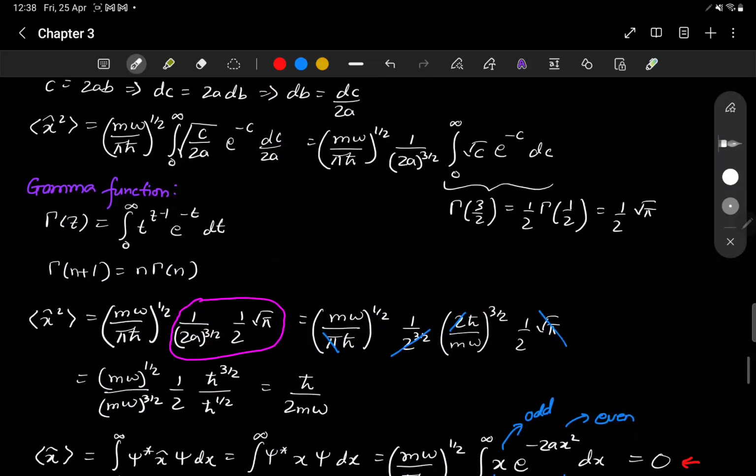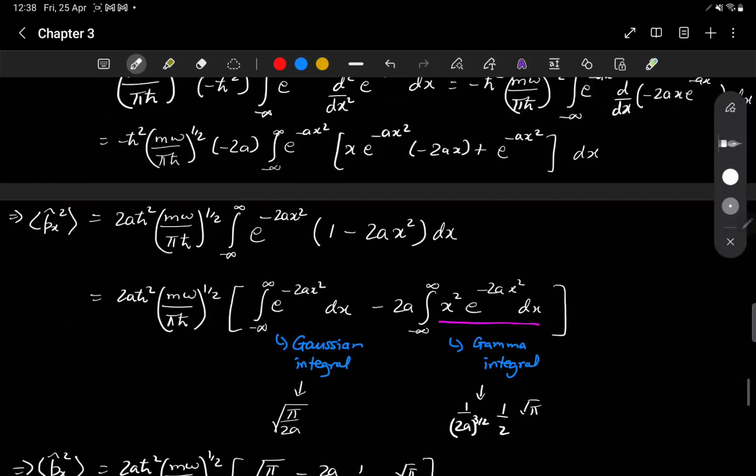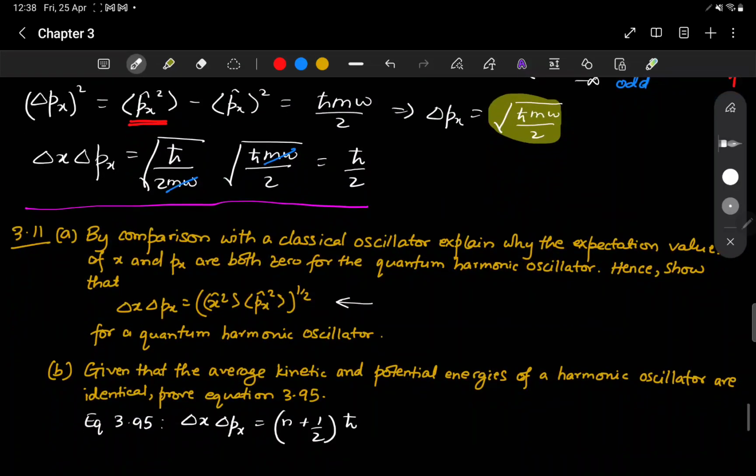Then we made use of the gamma functions and the Gaussian integrals, and putting it all together, we arrived at the expression that we are supposed to prove now in a more intuitive manner, in which we compare with the classical case of the harmonic oscillator as well. So this is more of an intuitive approach rather than a mathematically rigorous approach.